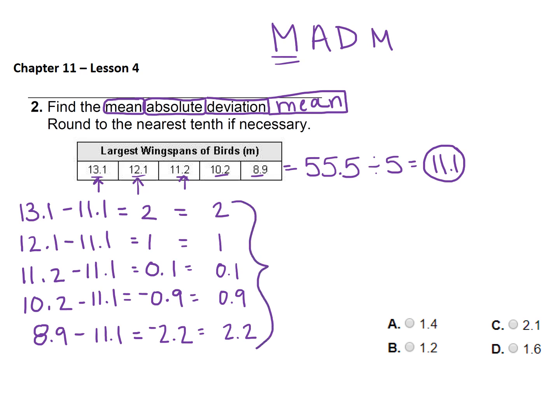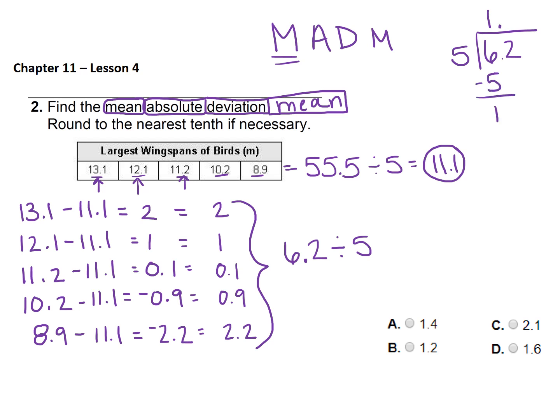So we have to add those up. When we add that up, we get 6 2/10. We have to divide that by 5. And when you divide 6.2 by 5, I can do that up here, 6.2 divided by 5. 5 goes into 6 once, which is 5.